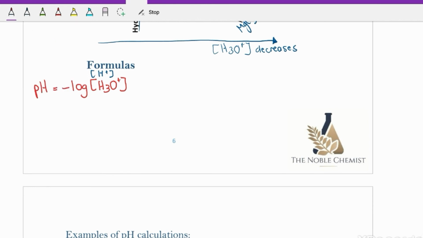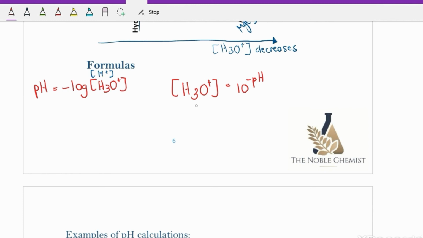Then, if you want to calculate the hydronium ion concentration and you have the pH, then the hydronium ion concentration will be 10 to the negative pH. That's how you would go about calculating the hydronium ion concentration.